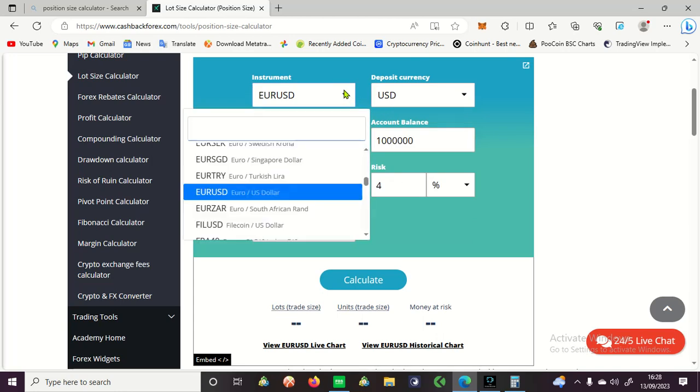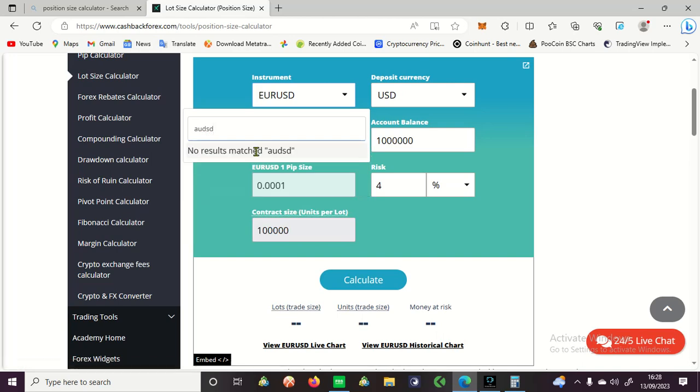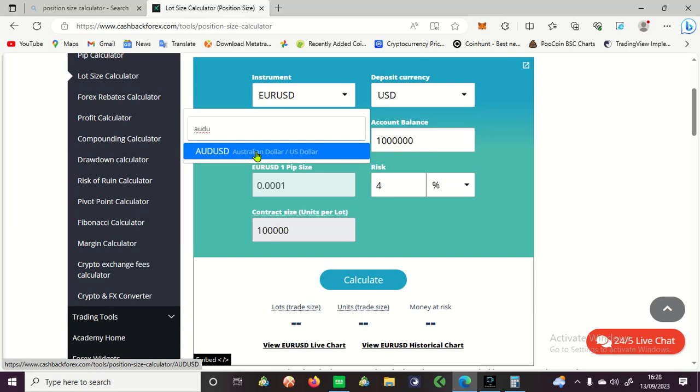AUD USD is here. Yes, this is what we want.